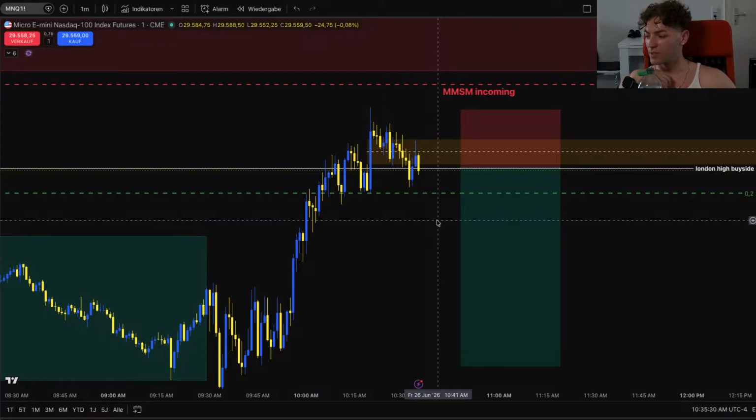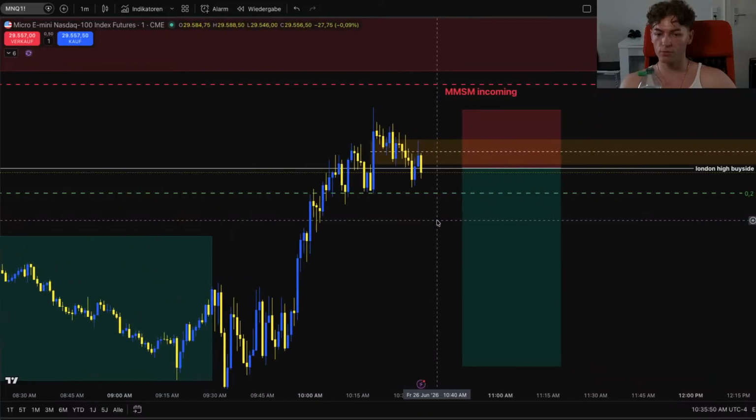Yeah, that's the beauty of ICT concepts. You can see somebody go long and somebody else going short at the same time, or maybe a few minutes in between these trades, and you can see both of them be profitable. That's the beauty of ICT concepts.